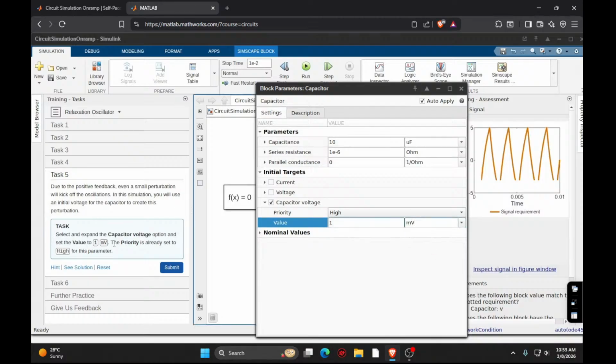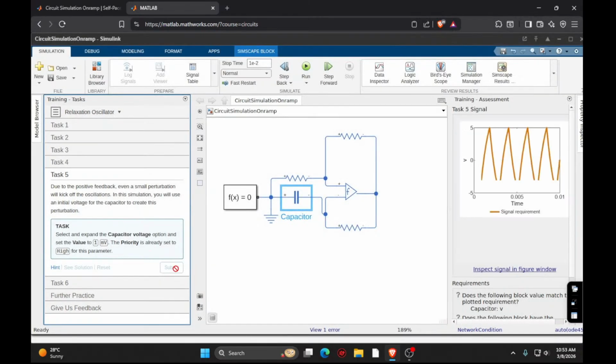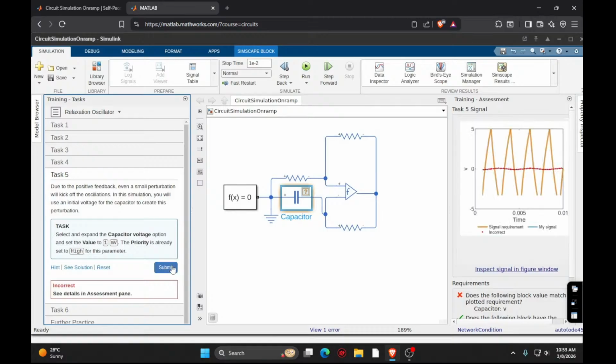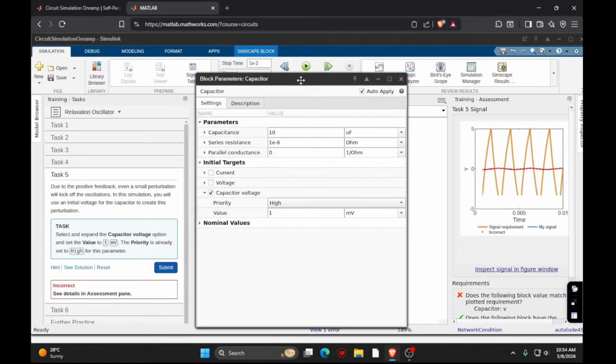Okay, and the priority is already set to high. It's set to 1 millivolt. So I have set the value to 1 millivolt.